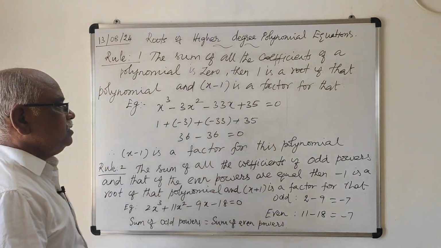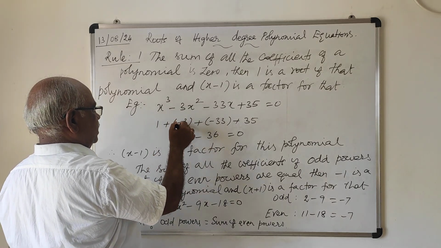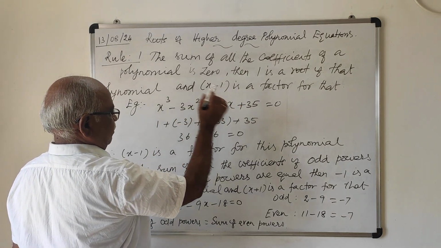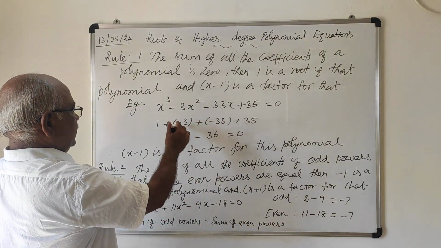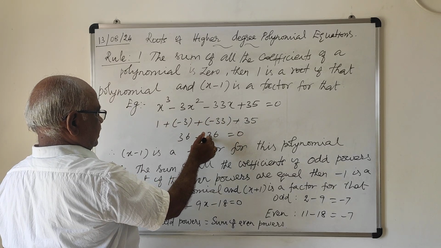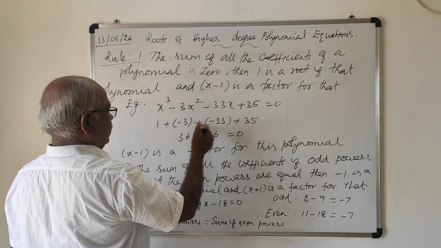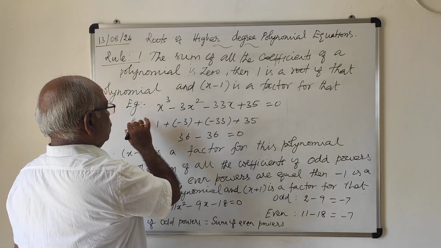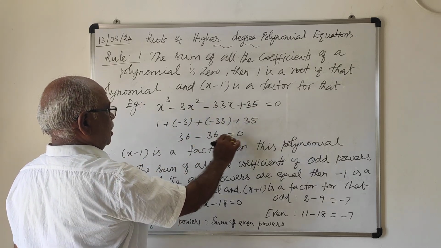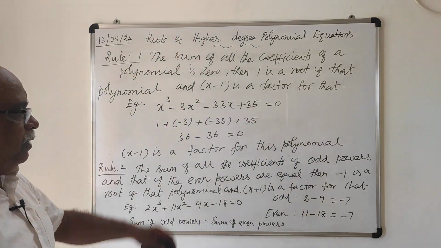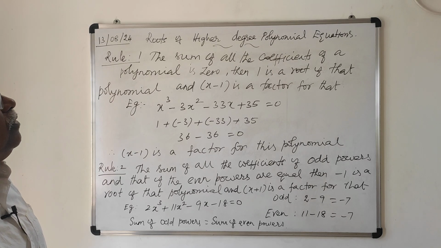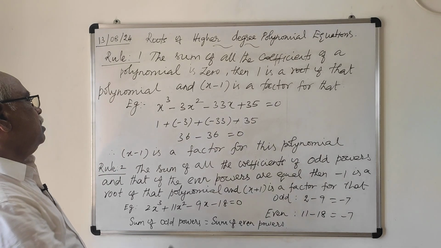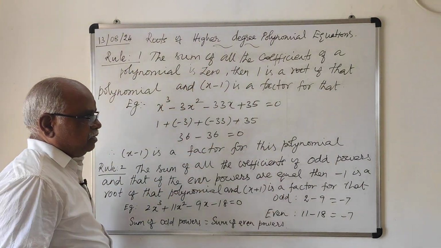Adding all the coefficients, 1 plus minus 3 plus minus 33 plus 35: minus 3 minus 33 is minus 36, and 1 plus 35 is 36. So 36 minus 36 is 0. So the sum of all the coefficients of the given polynomial is 0. Therefore 1 is a root of that polynomial, or otherwise x minus 1 is a factor.